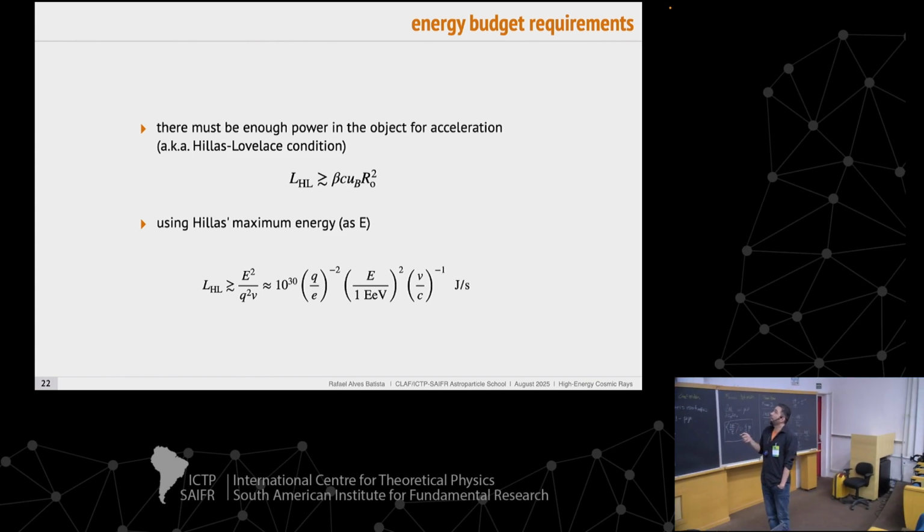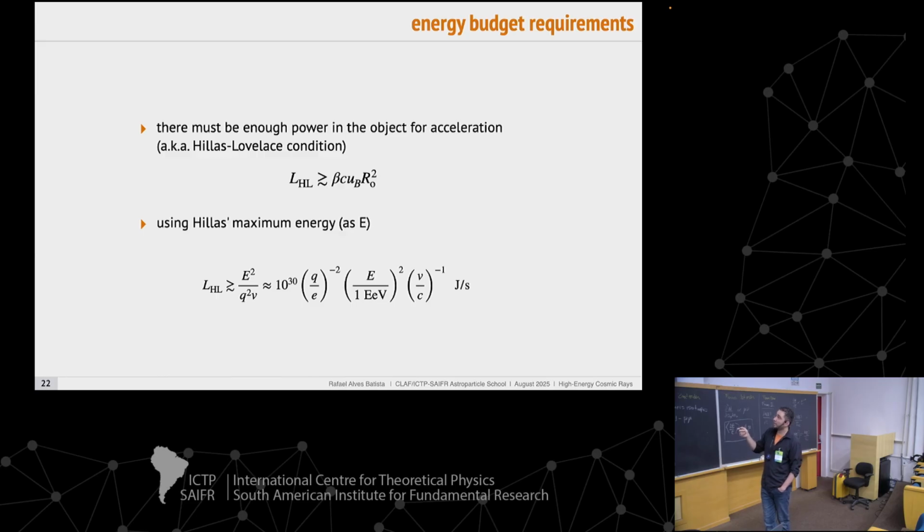There is a third condition related to the energy budget. So essentially, there has to be enough power in a given astrophysical object for acceleration. Here we have UB, which is the density of the magnetic field in the region. RO is the radius of the object, the typical size. We have the beta of the particle, and so on. And then, this is a luminosity, so energy per time.